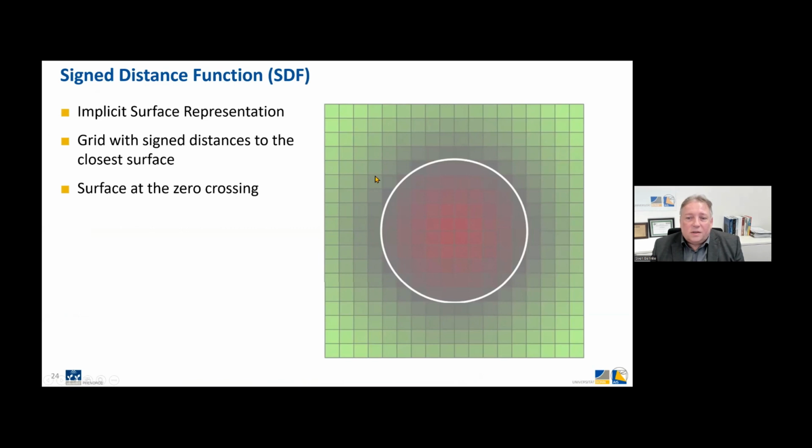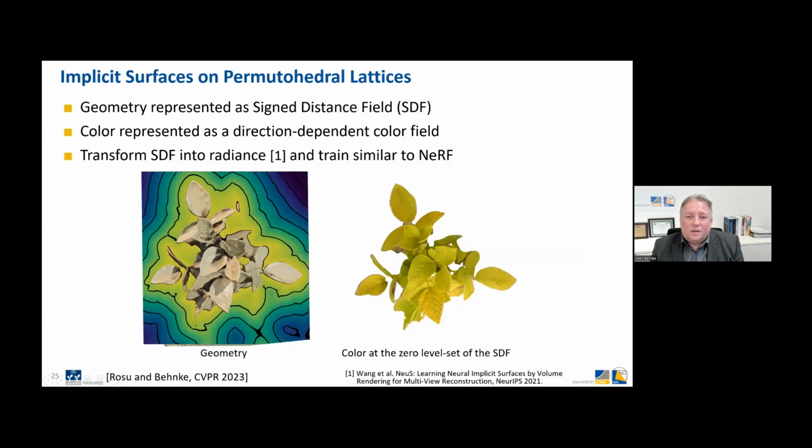We essentially say in each of these cells, we store how far it is to the next surface and whether or not we are outside of the surface or inside of an object. That's why signed distance function. And we estimate with a sub-voxel precision the zero crossing of this function. That is then our guess where the surface is.